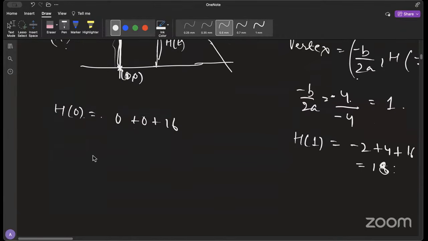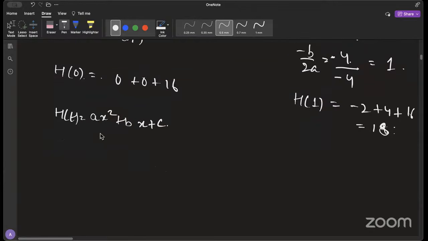He mentioned it, you are correct. If you have ax square, your h of x is ax square plus bx plus c, and the x coordinate of the vertex is obviously minus b by 2a, right? And here we keep writing h of minus b by 2a, but instead of this, we will just put this value in h. Substitute x equals minus b by 2a.